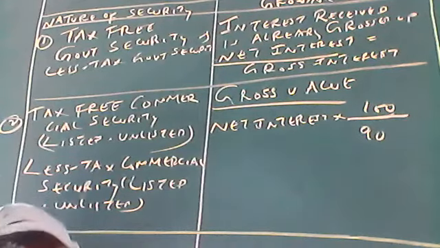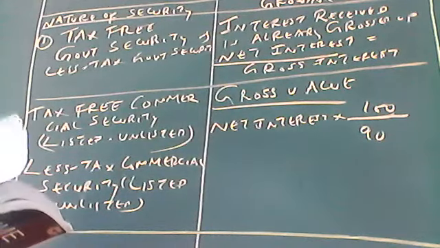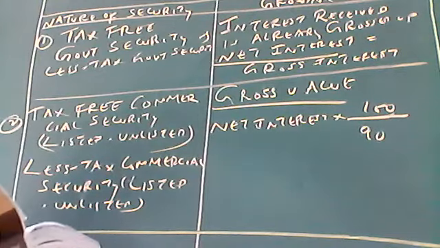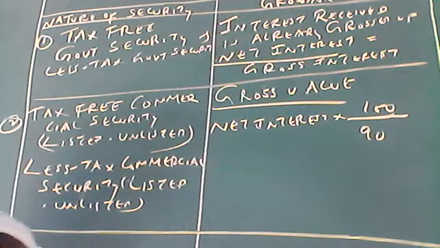How to identify it as government or private? The name of the state government is given. If the name of the state government is not given, then it is called private security or commercial security. And in some cases, it will not give you the nature of security, that means whether it is tax-free or less tax. Nothing is mentioned.